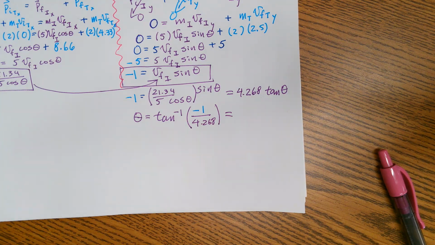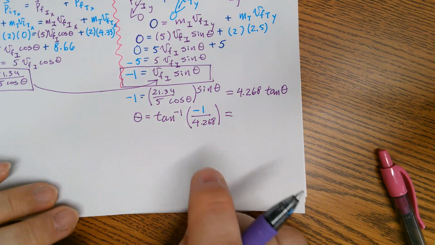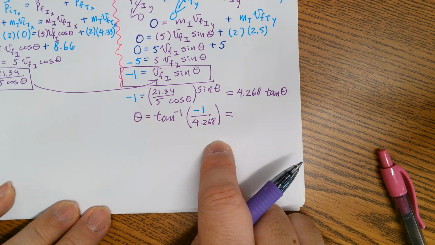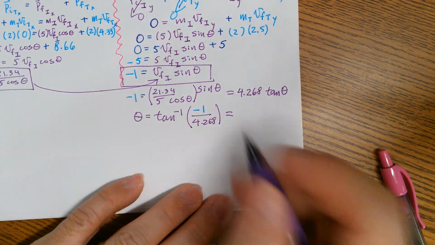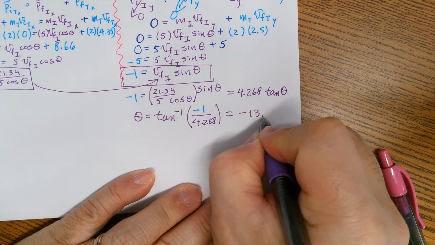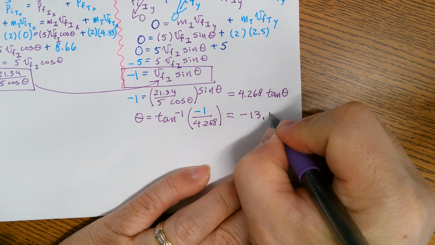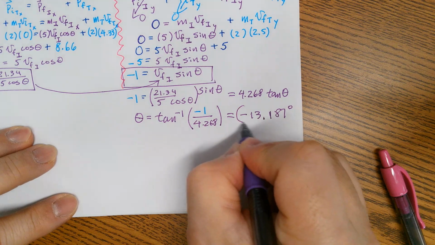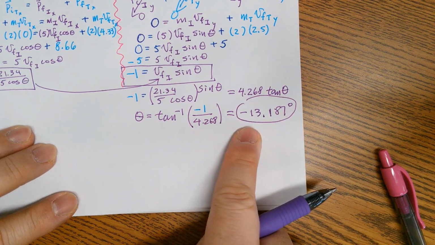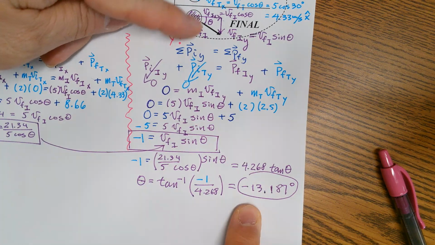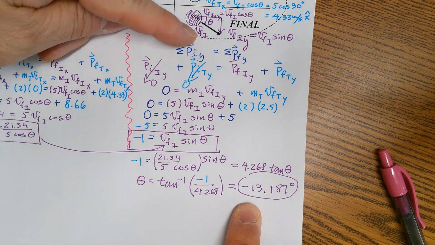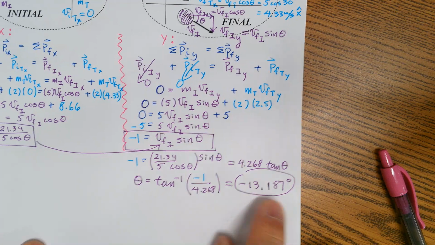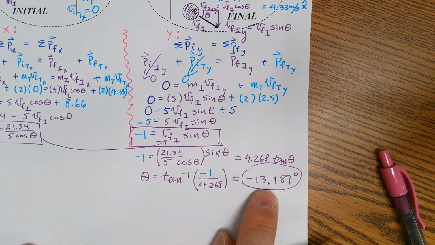I wish I had a working calculator. What you got? Negative 13.187 degrees. So that's the angle, and that makes perfect sense because this is below the x-axis, so this better come out to be a negative angle. And we got a negative angle right here, negative 13.187. Booyah!